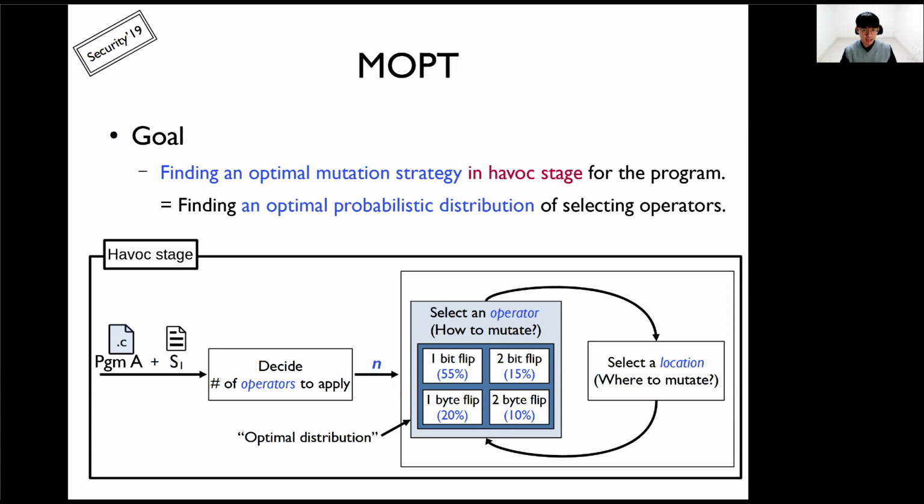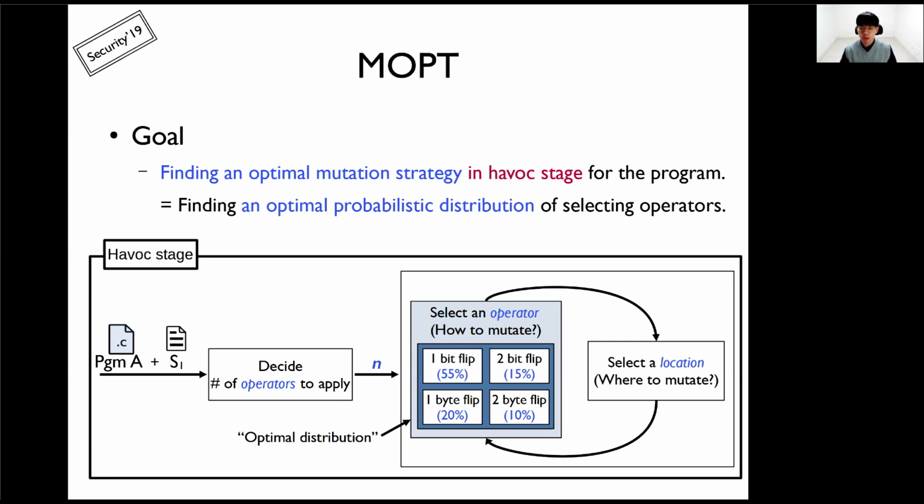More specifically, in the havoc stage, MOPT aims to find an optimal distribution for selecting mutation operators during testing. Like in this figure, this adaptive technique does not rely on the uniform distribution, but assigns a different probability to each operator.